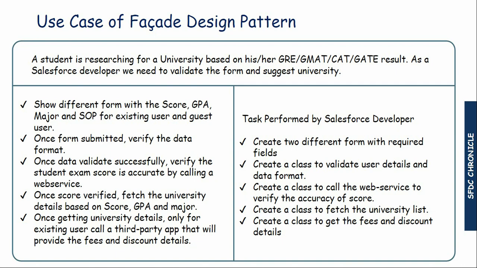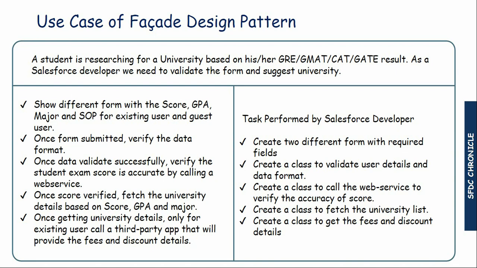Once we get the university details, only for the logged in user, we again call a third party app that will provide the fees, the discount, and all those things. That is our requirement, that is our use case.